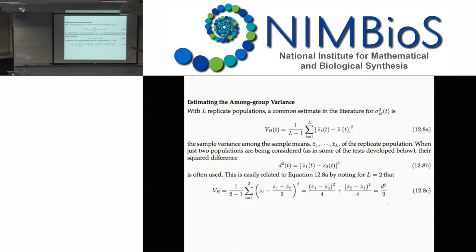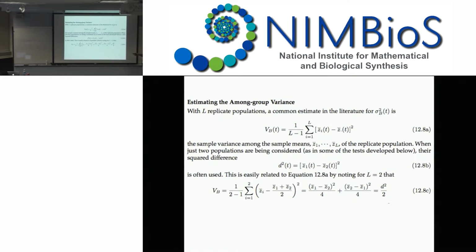So in that case, a simple measure might be take the mean of the ith population, z_i of time t, minus the overall mean, that's what the dot is. This is just a sample variance, right? That seems like a reasonable measure for the between line variance, which is simply the variance in means, is to compute from the means for each population and take that as my data and compute a sample variance on those values.